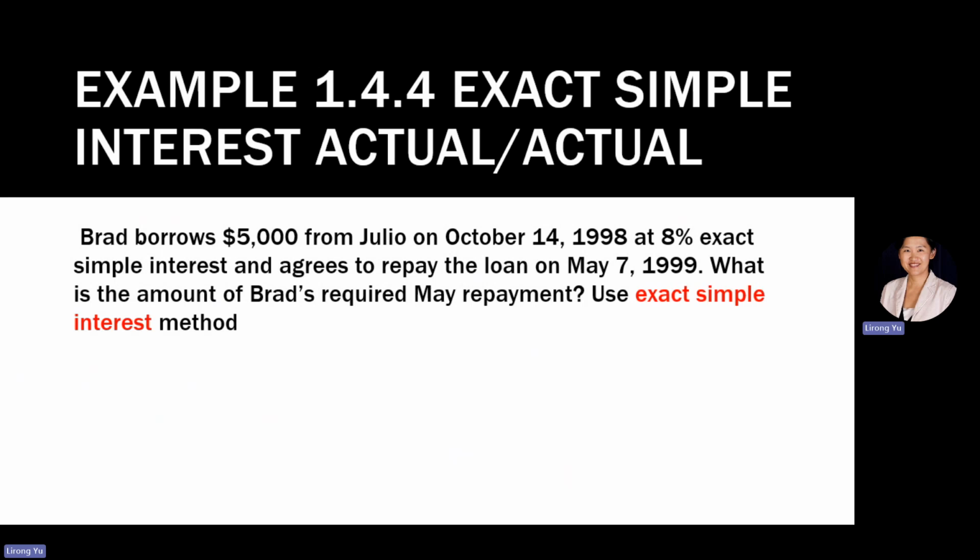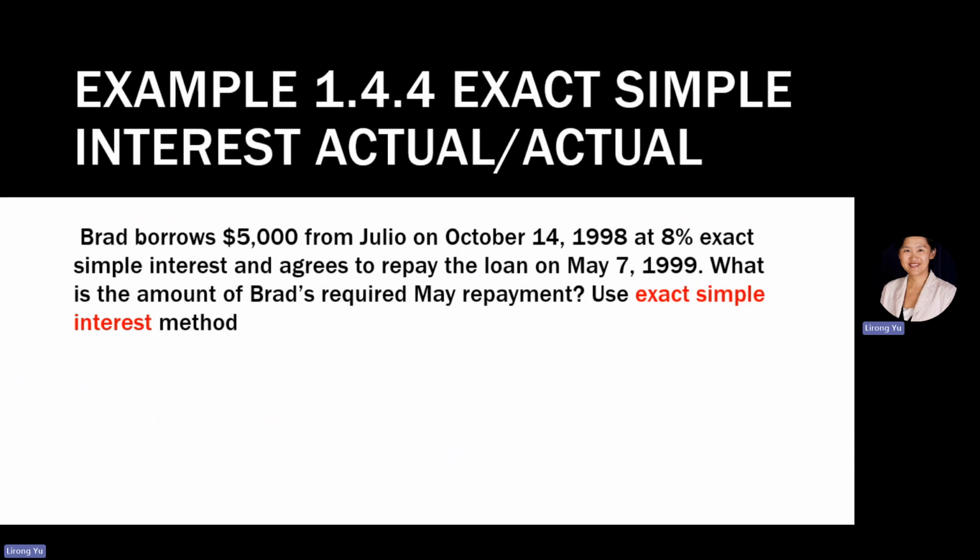So let's look at an example. Brad borrows 5,000 from Julio on October 14th, 1998 at 8% exact simple interest. He agreed to repay the loan on May 7, 1999. We want to find the amount of payment using exact simple interest.